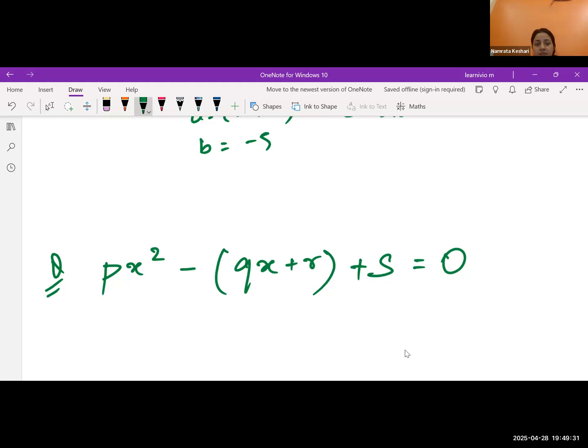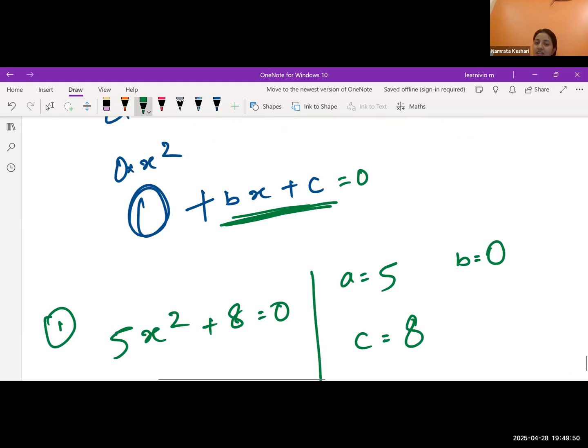A is p, perfect. B is minus q, perfect. And c is r plus s, right? Perfect. Okay, I can see you are getting it.